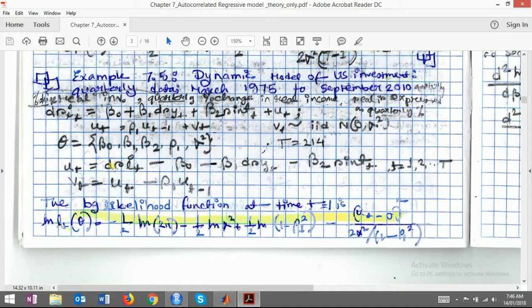Ut is equal to rho 1 ut minus 1 plus vt, and the parameter theta is equal to beta naught, beta 1, beta 2, rho 1, sigma square.